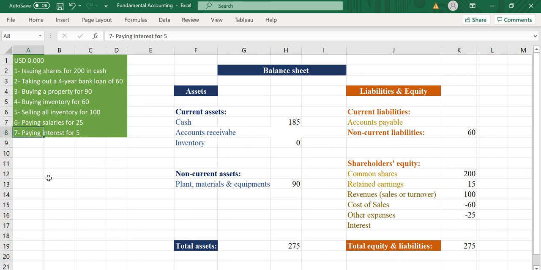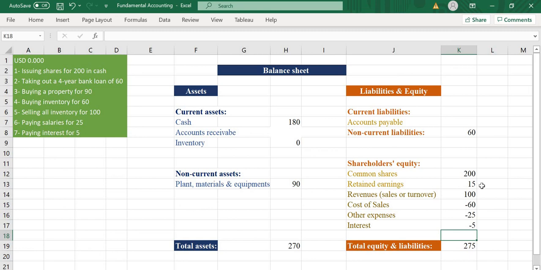The final step, the company is paying interest of 5. The cash will be decreased by 5. And of course, we take into account the interest of 5.